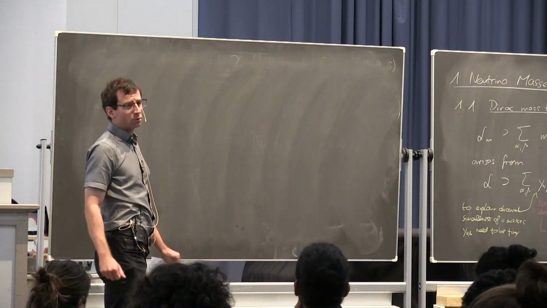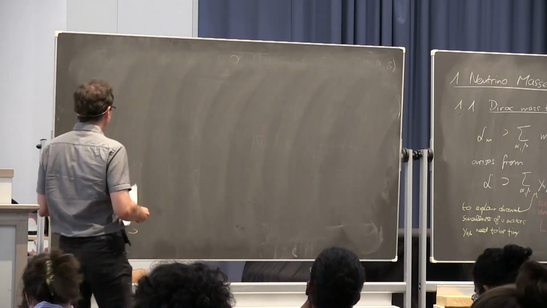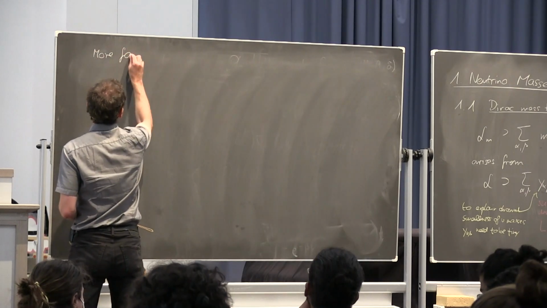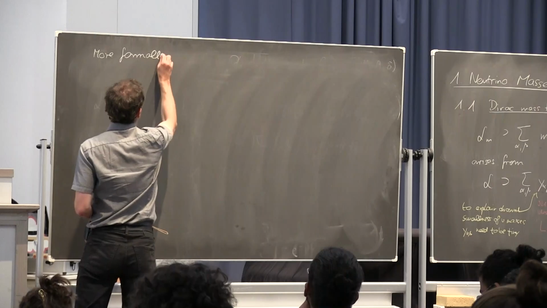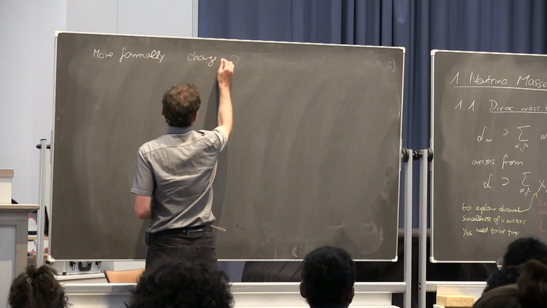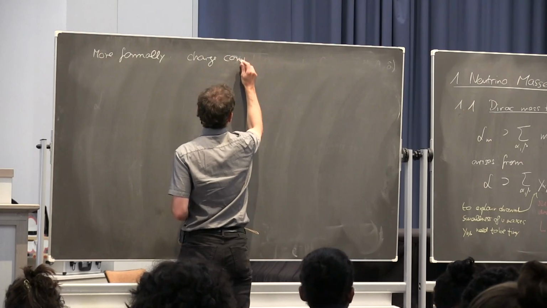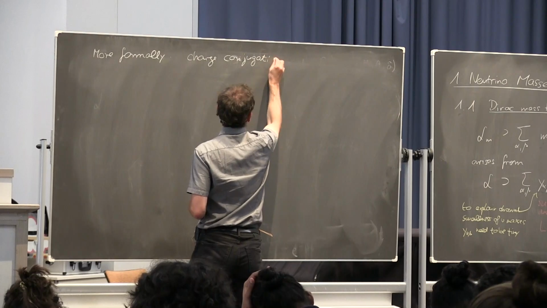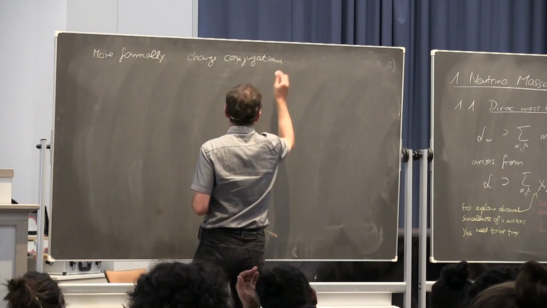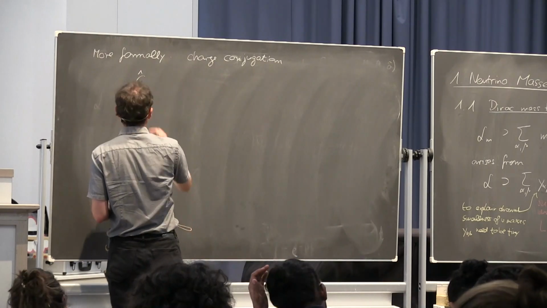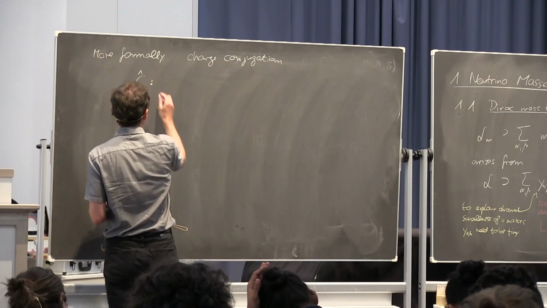What we need in order to formalize this idea is the charge conjugation operation. So charge conjugation is an operator which I'm going to call C here with a hat on top to indicate that it's an operator.